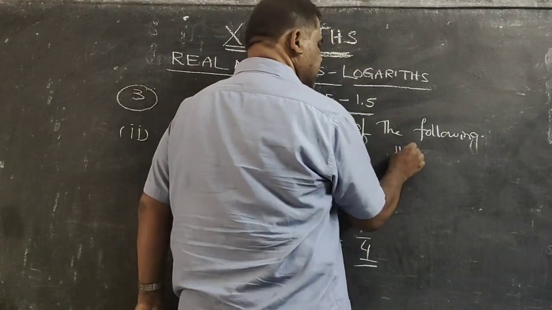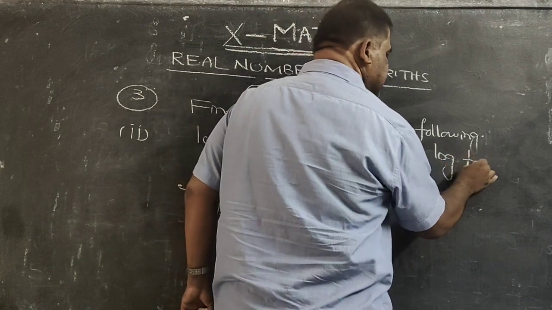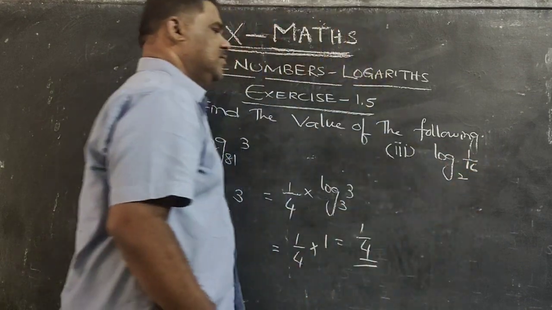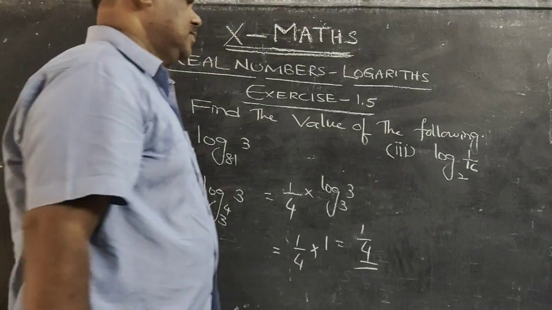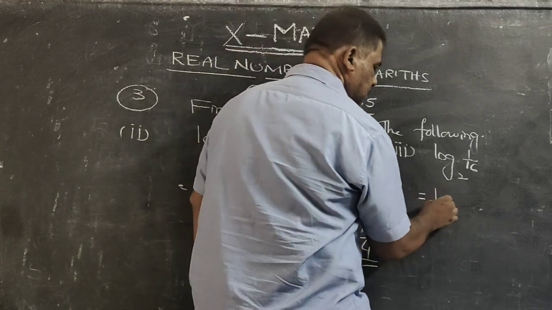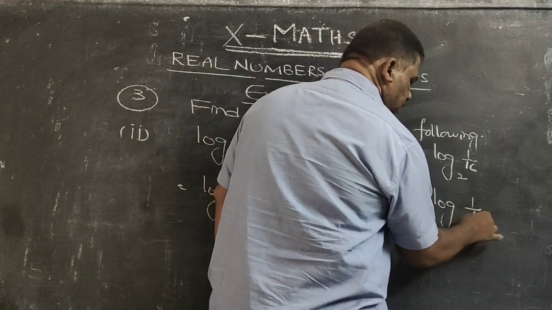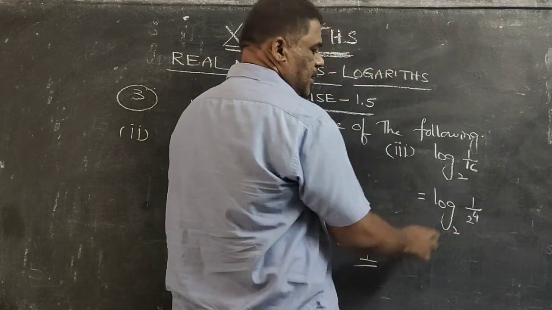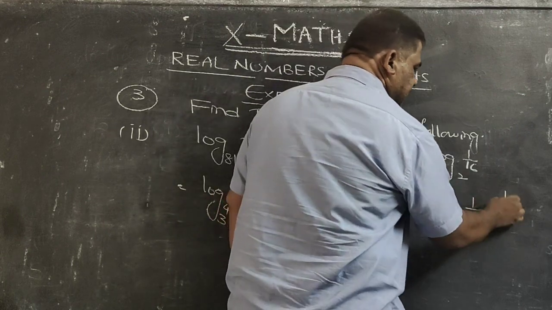Next, third one. Log 1 by 16 base 2. This 16 can be written as 2 to the power 4. 1 by 2 to the power 4, if you bring it to numerator, power will change the sign.